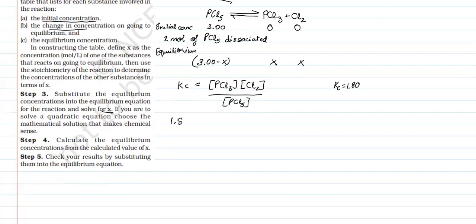So 1.80 equals the concentration of PCl3 in equilibrium, which is X into X divided by 3.00 minus X. Okay, now this in turn is going to give us a quadratic equation. If this was actually one of the quadratic equations, I did use a calculator to confirm if I did it the right way.